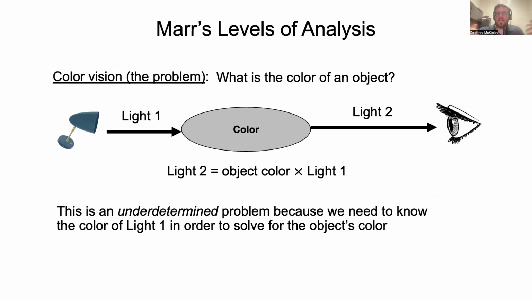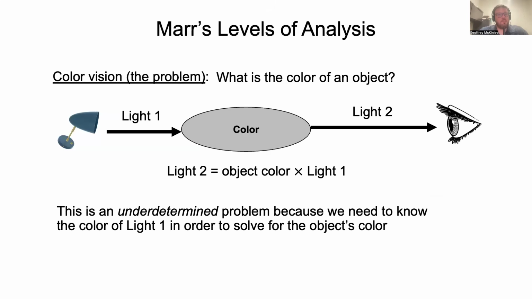So just like you can combine different pairs of lights to yield another light, right? And as we'll see later in this course, most problems that the cognitive system has to solve are underdetermined, right?